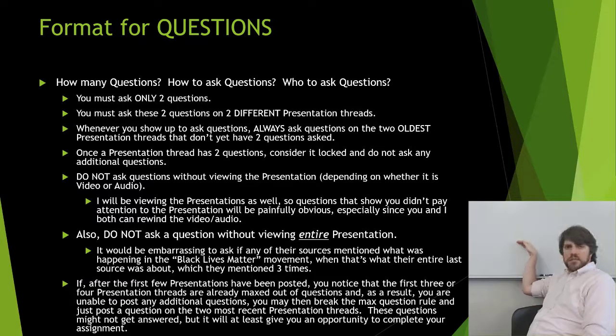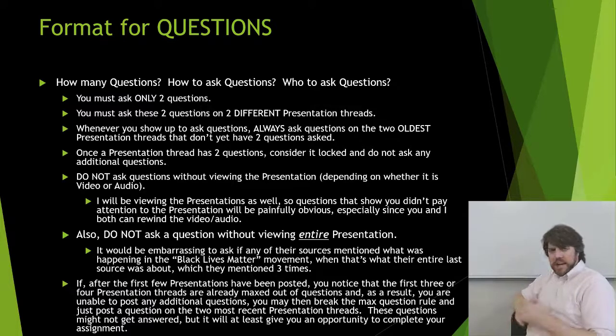So you go here and you look, and that one's got 2 questions already, so you skip it. The next one has 2 questions, so you skip it. And you keep going like that until you find one that only has 1 question or 0, and you immediately watch that presentation and ask a question. And the very next one up from there, if there is one that has 1 or 0, you ask a question and then go from there.